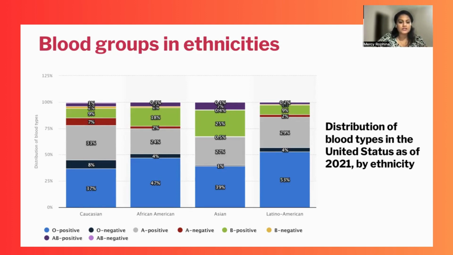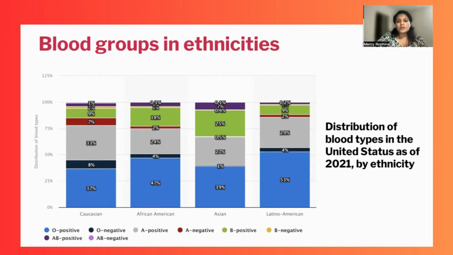Similarly, it stands the same with the A negative blood type, whereas it's just the opposite. This A negative blood type is seen at a very low percentage in the Asian population when we compare it with the other populations.